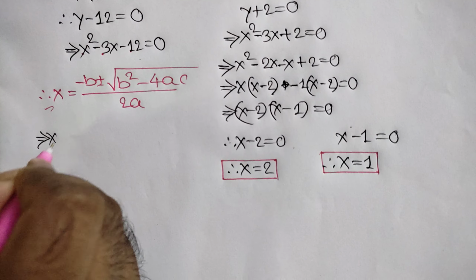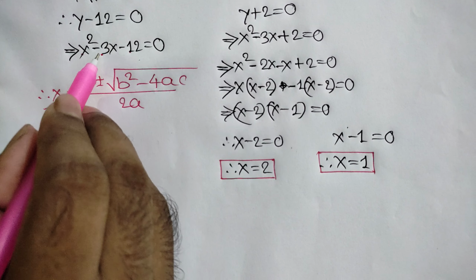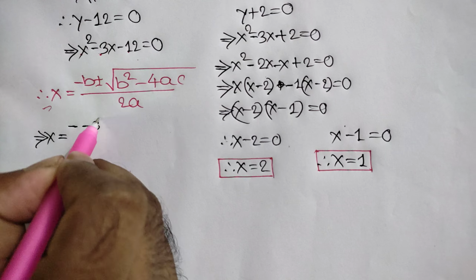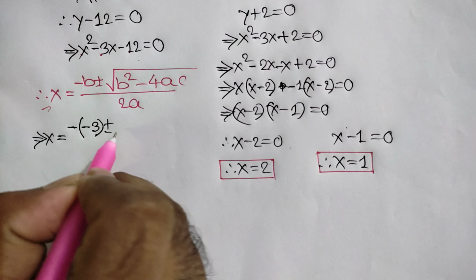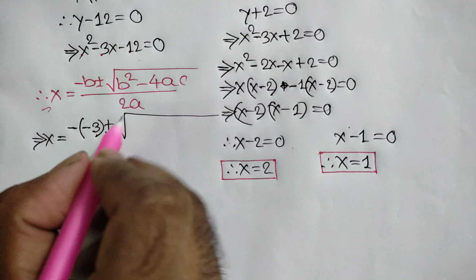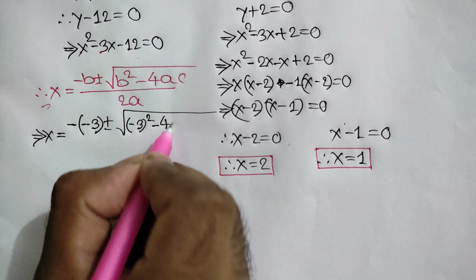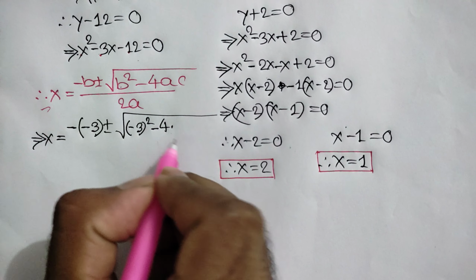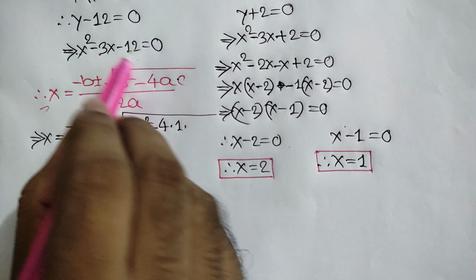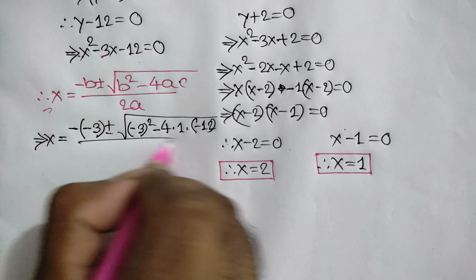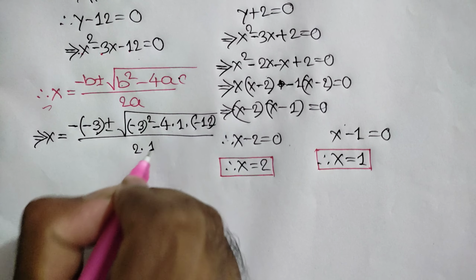So x is equal to negative times negative 3 plus or minus square root of negative 3 square minus 4 times a is equal to 1 times c is equal to negative 12, over 2 times a is equal to 1.